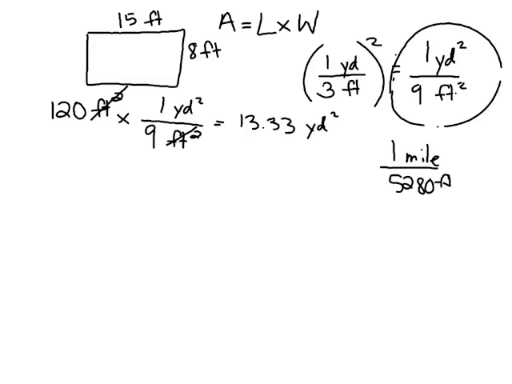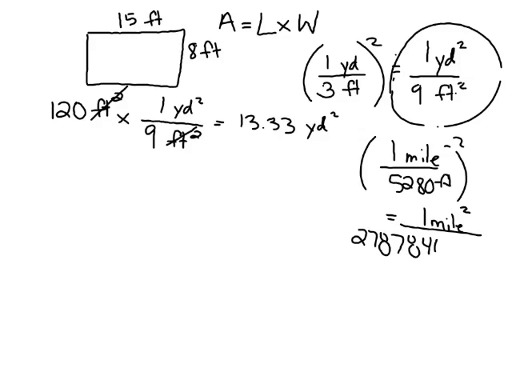So square it. What does it turn into? 1 square mile is 27,878,400 feet squared.